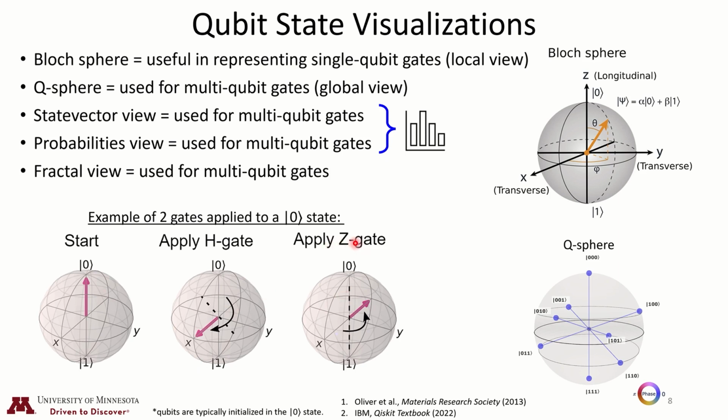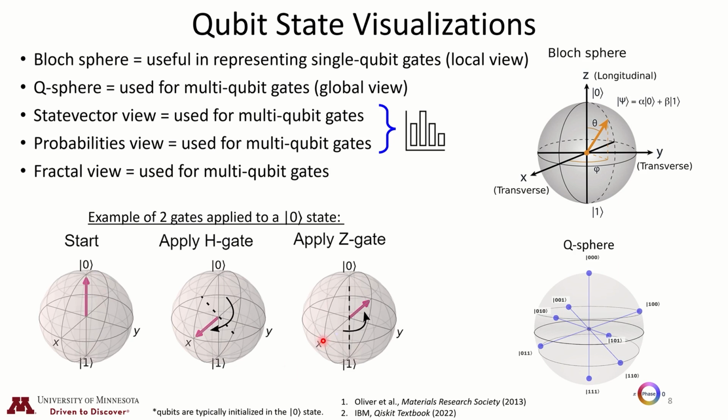When you apply a Z-gate, which is just a phase flip gate, it's going to flip the state of that qubit 180 degrees relative to its position on the equator.